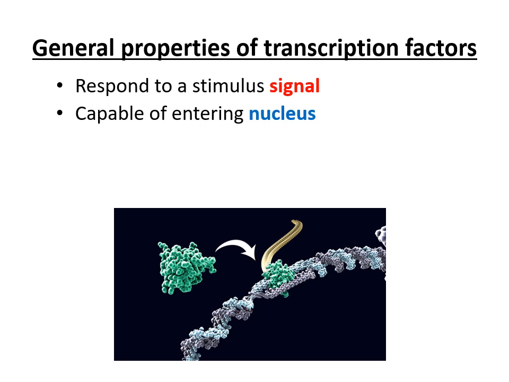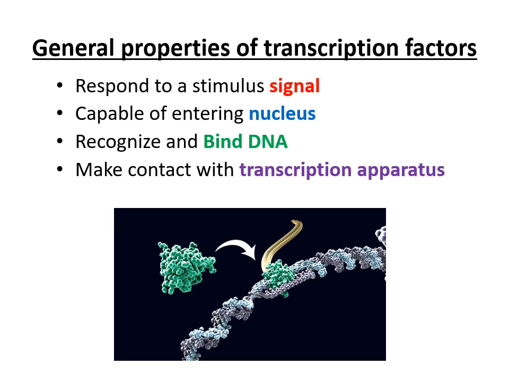Now, like I already mentioned, transcription factors are made in the cytoplasm of the cell. So they need to be able to translocate, meaning get into the nucleus. Once they're in the nucleus, they have to recognize and bind to the DNA, as well as the transcription apparatus that we're going to go into more detail on in a little bit.